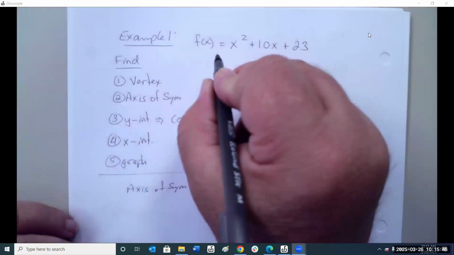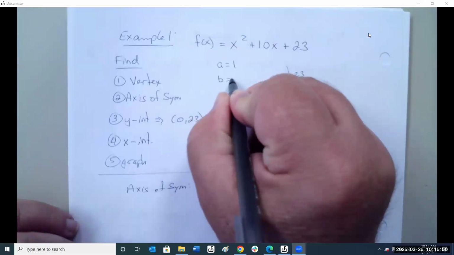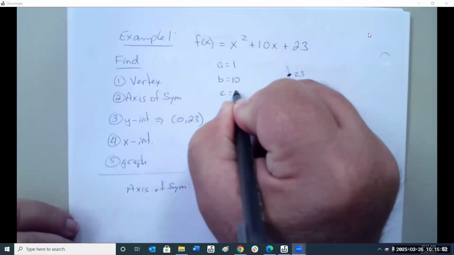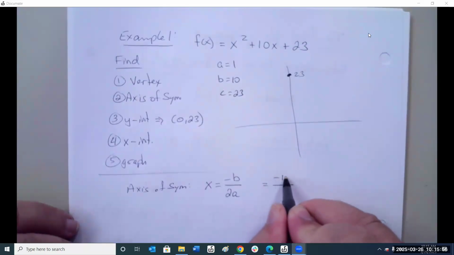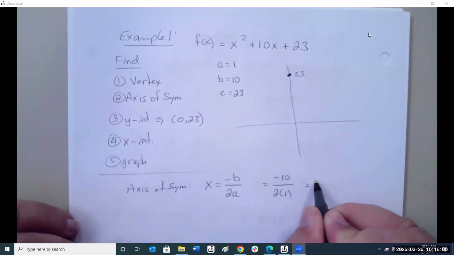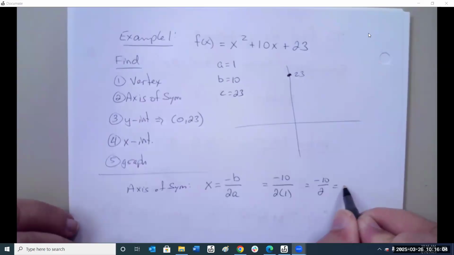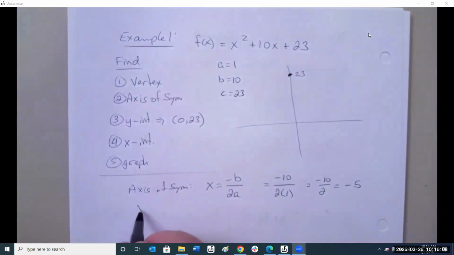So what are a, b, and c here? A is, b is, and c. So we have -10 over 2 times 1, which makes it -10 over 2, which makes it -5. So the axis of symmetry is the line x equals -5.